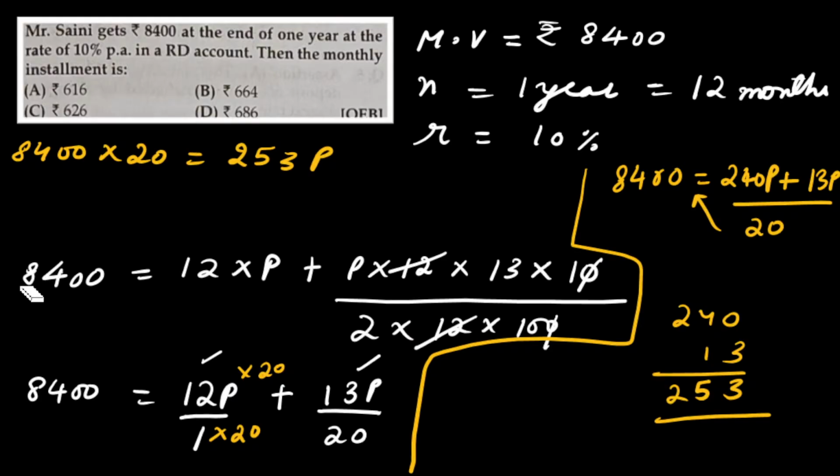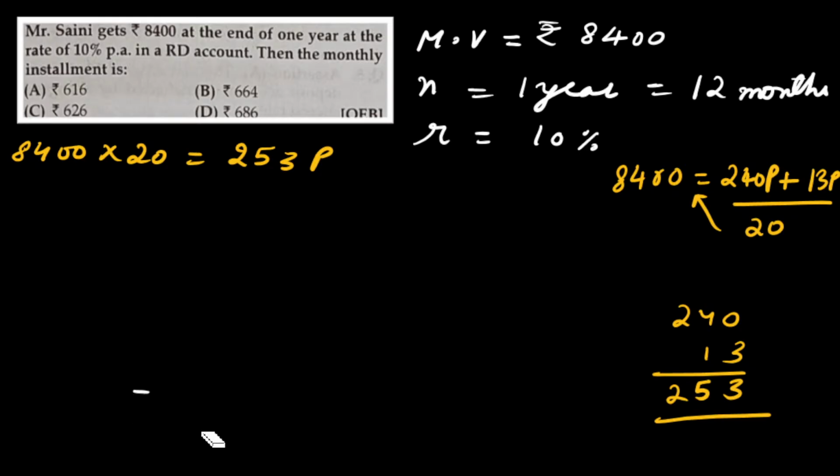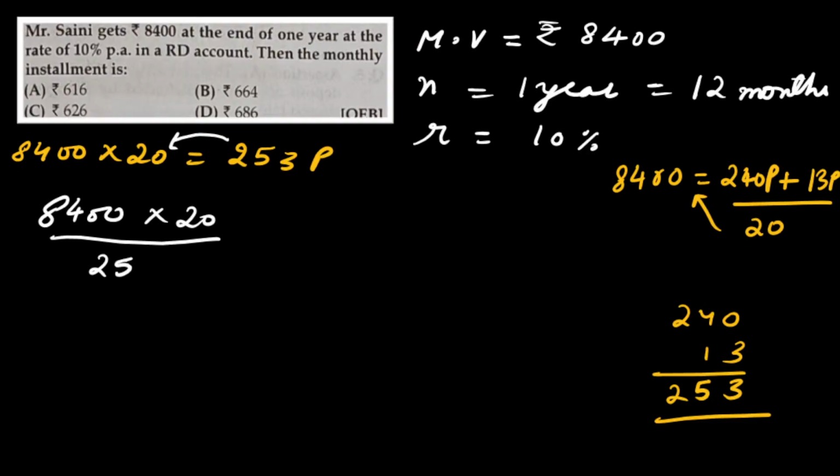Let's simplify. Now 253 is getting multiplied here, so let's shift 253 to the other side. So 8,400 into 20 by 253 is equal to P. Now we have to do the calculations. If any cancellation is possible, let's do cancellation first.